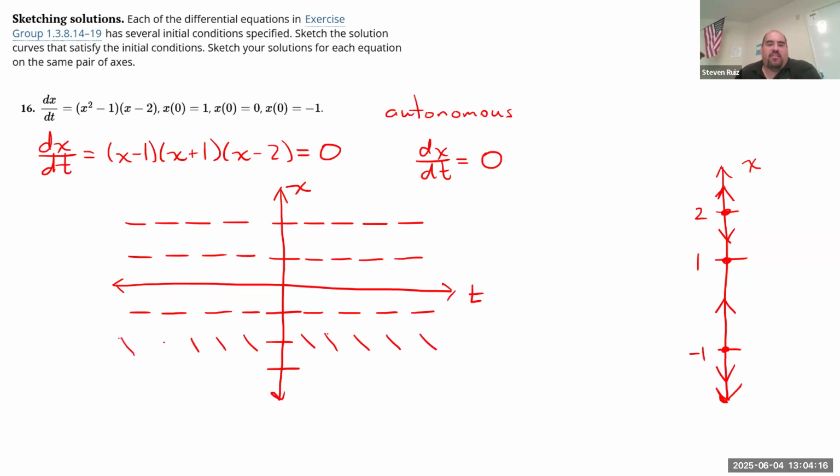And according to my phase line, the decrease should get more significant the further I get away from that line. What happens between -1 and 1? I should have increases. And between 1 and 2, I should have decreases.